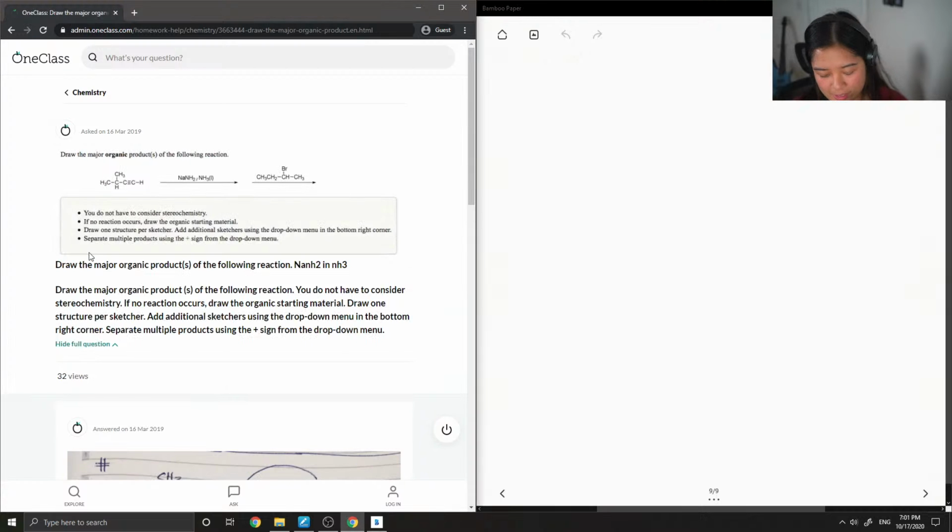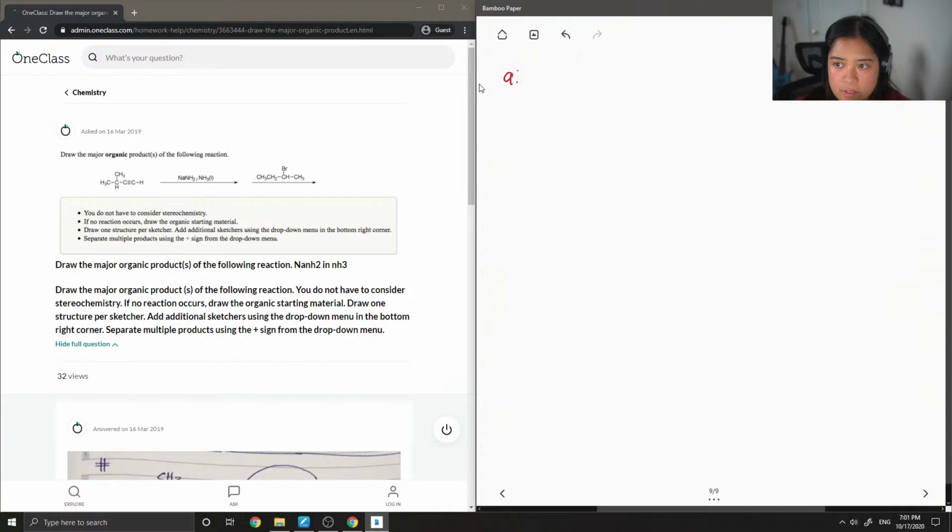On to question number 9. Draw the major organic products of the following reaction.